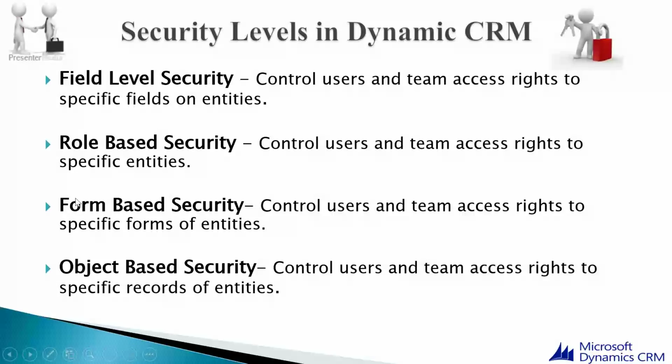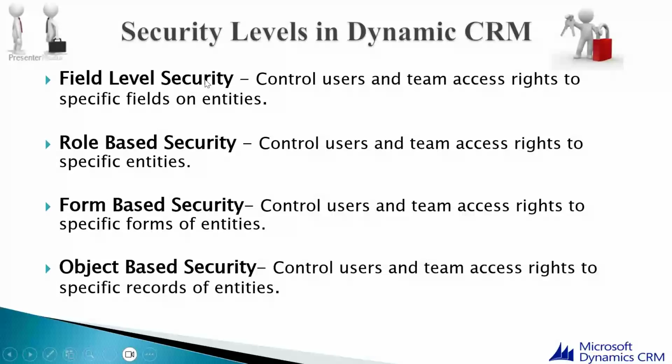Then form based security: we can create multiple main forms and allow permission to access different main forms using security roles. So we have to enable security on each form so that any user logging in with that specific role will access that configured form.